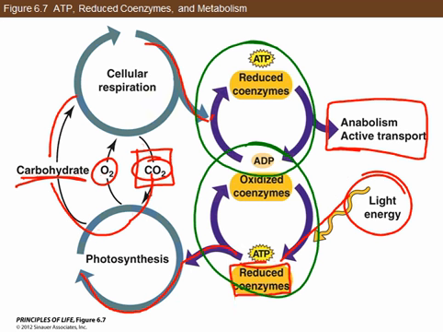The ATP is being made to start a process, and it's also being made to anabolize compounds. The oxidized coenzymes are there in order to be reduced to provide energy for each process, and they go into the production of a reduced, high energy coenzyme to make more ATP.